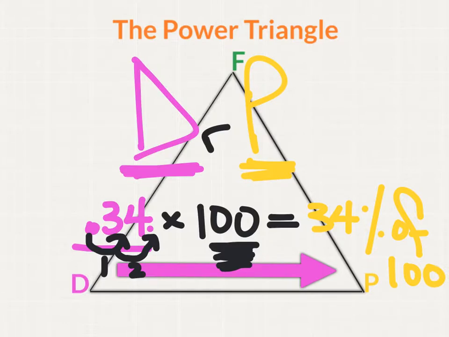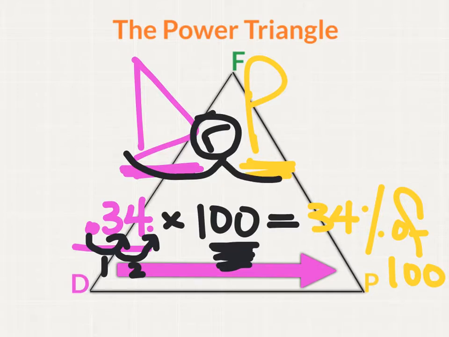You move your decimal to the right. That's what the R in Dr. Pepper is reminding you. Move the decimal to the right 2 places. 1 place, 2 places, and then add your percent sign. That's what we did with 0.34 or 34 hundredths to turn it into 34%.